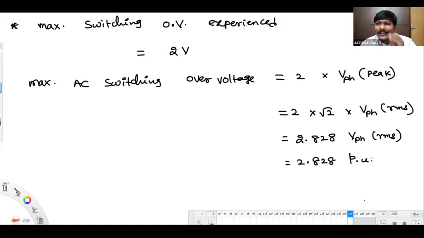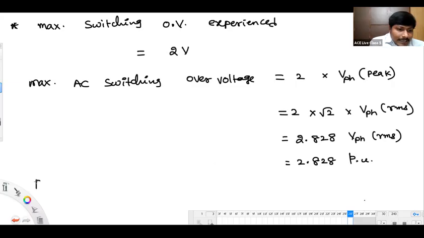We considered some worst conditions. One is the lossless condition. Next one, open circuit. By using these worst conditions, you are getting this number. By considering all the remaining worst conditions, opening, closing and all, generally the switching overvoltage for AC application will lie in the range of 2.5 to 3.5 per unit, right?